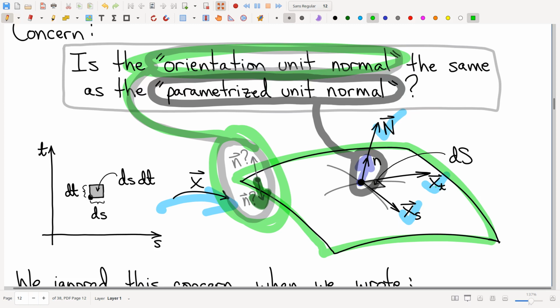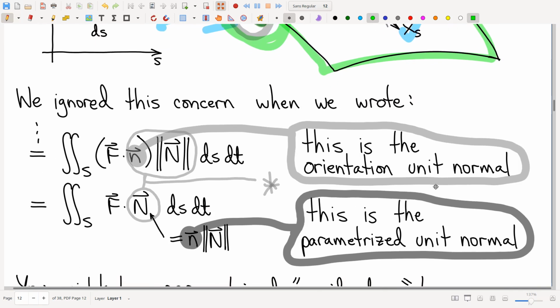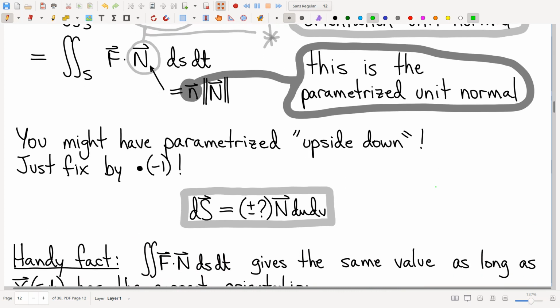Then at the appropriate time in the calculation, which I'll show you in a second, just make sure to look and see: wait a minute, which way did I parameterize it? Then look at the statement of the question: in which direction was I supposed to parameterize it? Ask yourself if you did it right or wrong. If you did it wrong, no big deal. You're just off by a -1. Just throw in an extra factor of -1. Nothing to it.